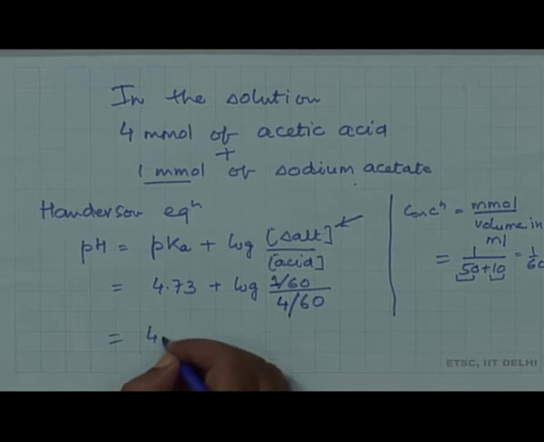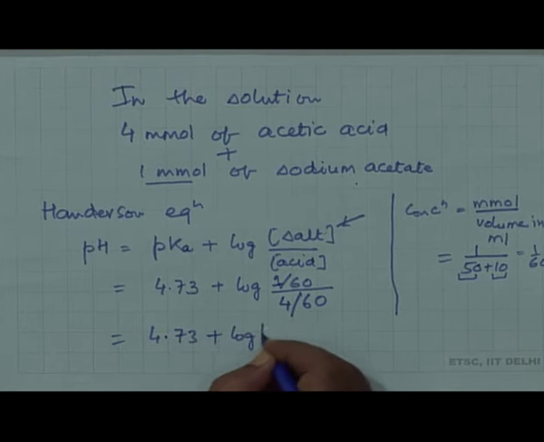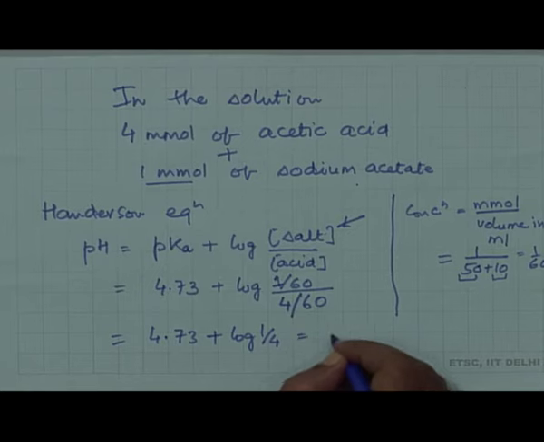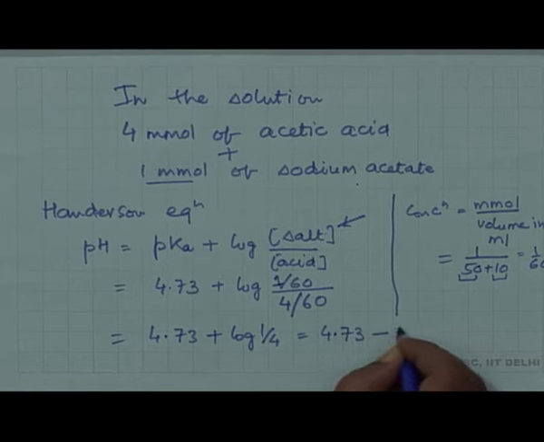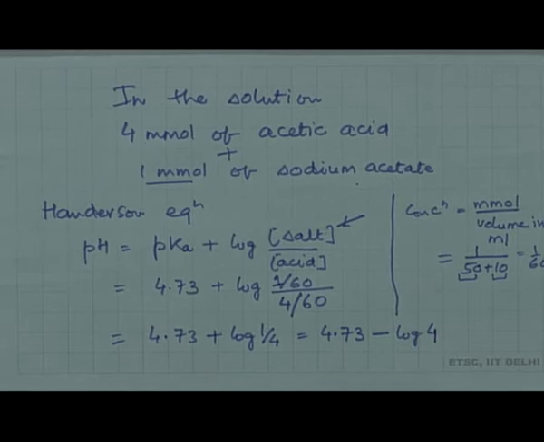So, this is 4.73 plus log 1 by 4, or simply we can write 4.73 minus log 4.